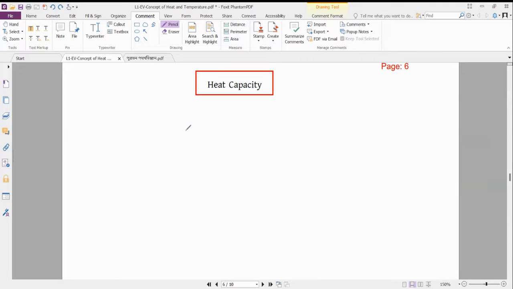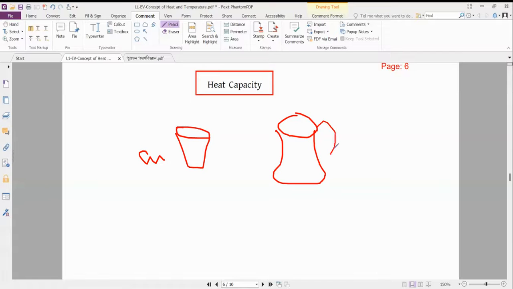For example, let us consider a glass which is made of copper, and a jug which is also made of copper. Okay? But the mass may be different, or should be different, because the body or object is different, although the material is the same.